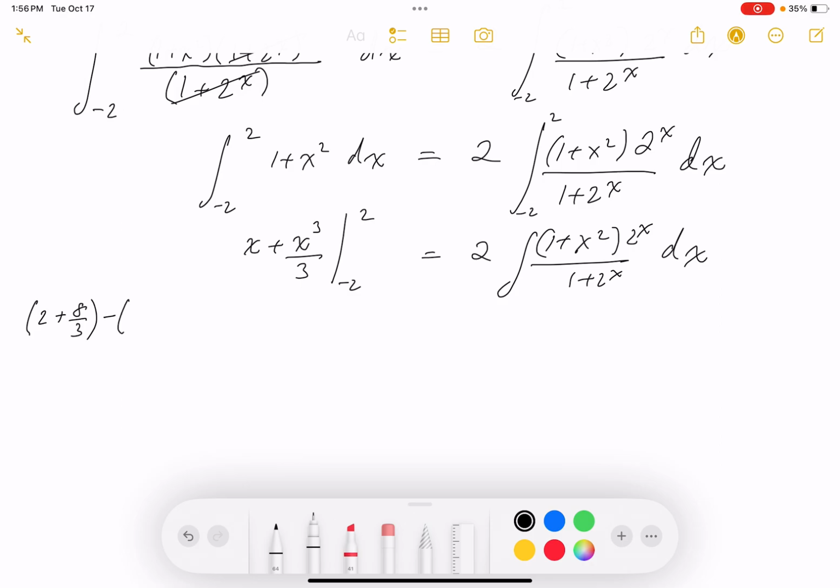I guess I'm tired. I've got to really take a break. And then it's going to be minus 2 minus 8 thirds. Sorry about that. So 2 minus a minus 2 is 4. And 8 thirds minus a minus 8 thirds is 16 thirds.